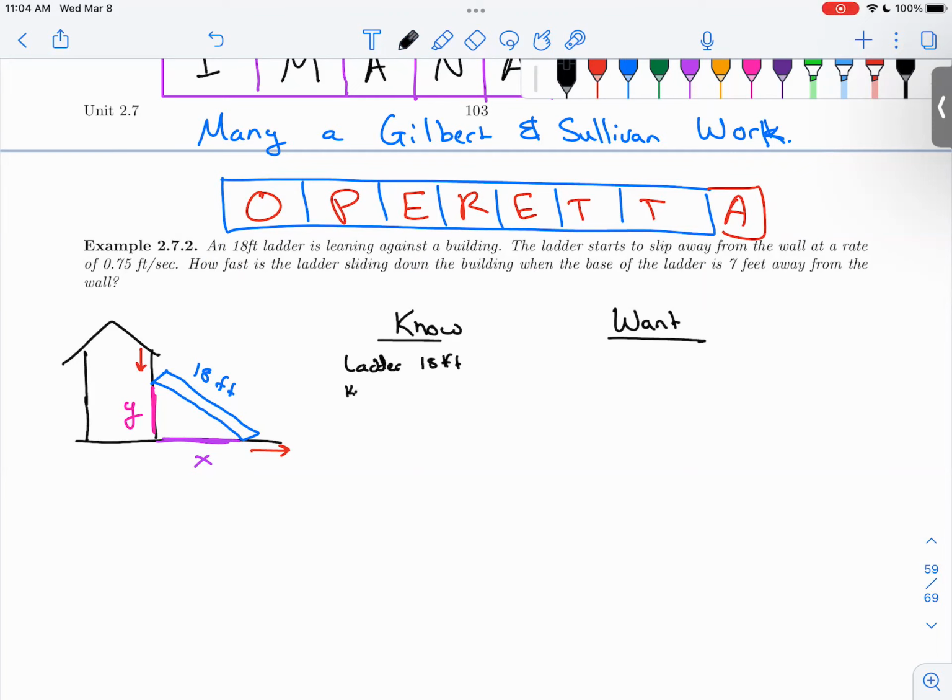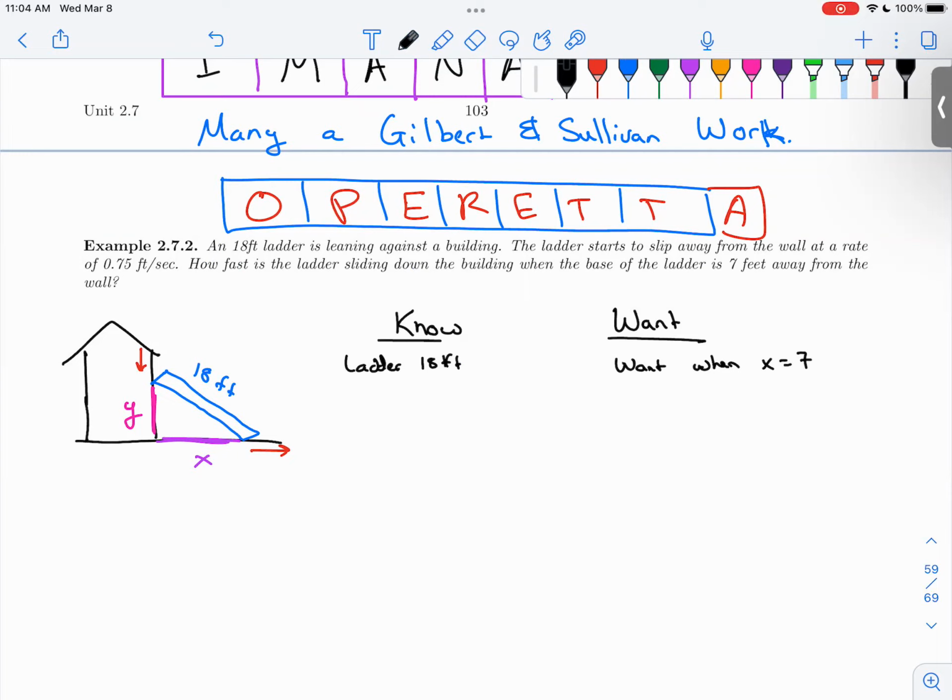And I'm going to put that under "want": when X is equal to 7 feet. When it's 7 feet away, we're going to want something. We don't know what yet. We want something when X is equal to 7.